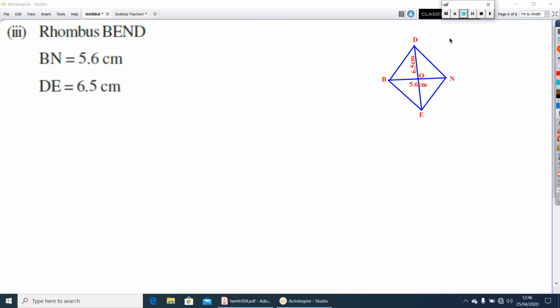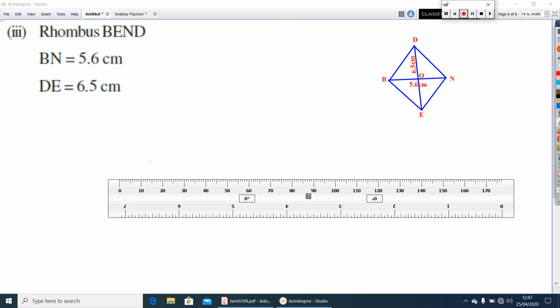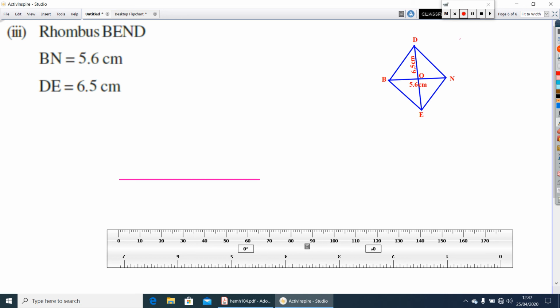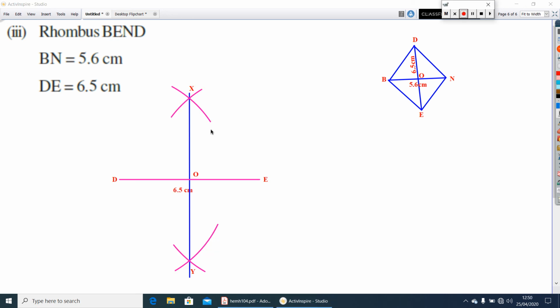So first let me draw DE is equal to 6.5 centimeter. Let the perpendicular bisector be XY intersecting DE at O.